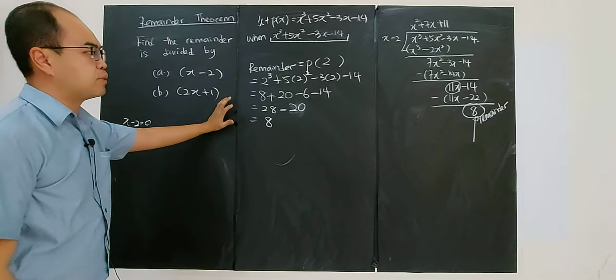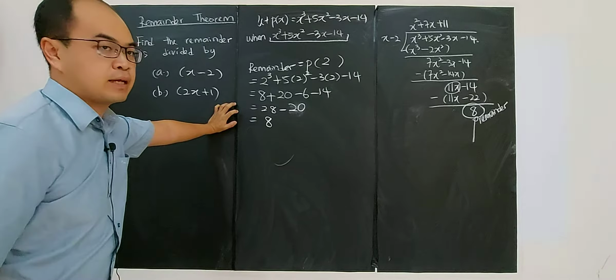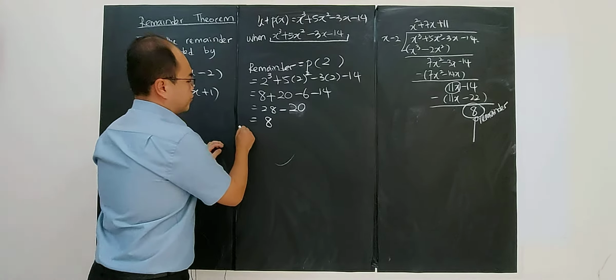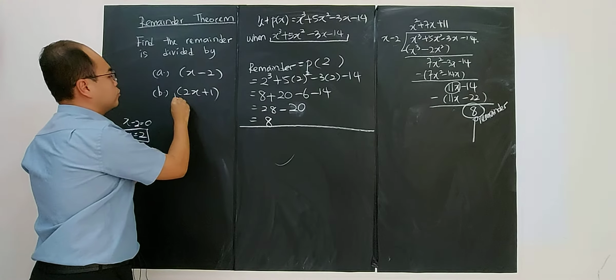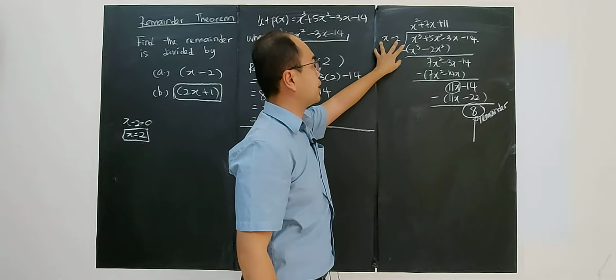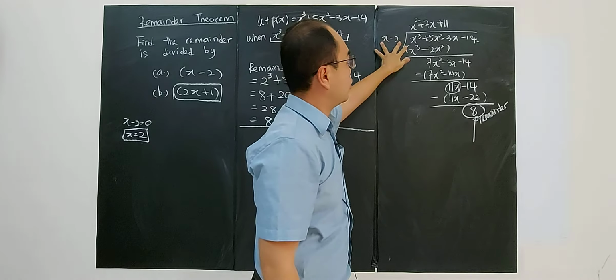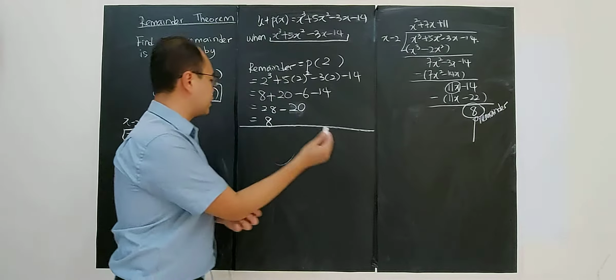The remainder theorem simplifies the way you find the remainder. Let's say for the same question, you're going to find the remainder when you divide by 2x plus 1, so the divisor becomes 2x plus 1. What is the remainder finally? You can apply the remainder theorem.